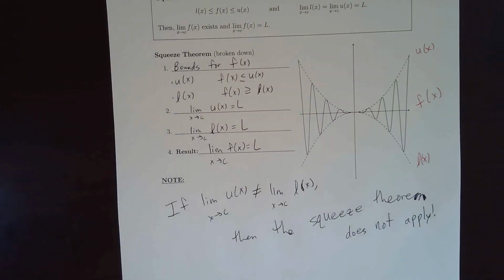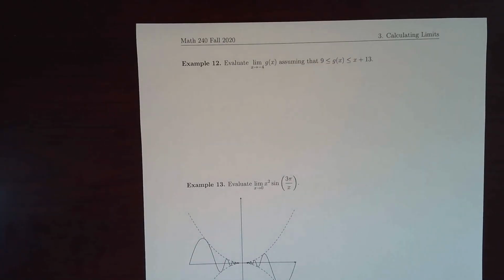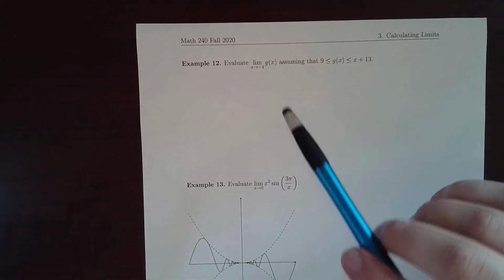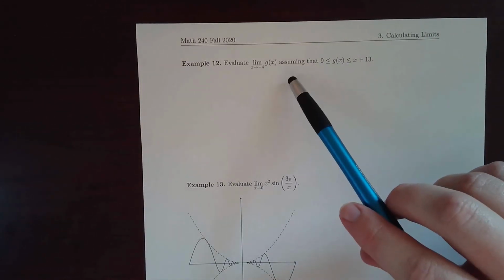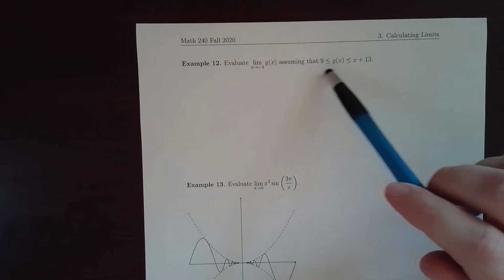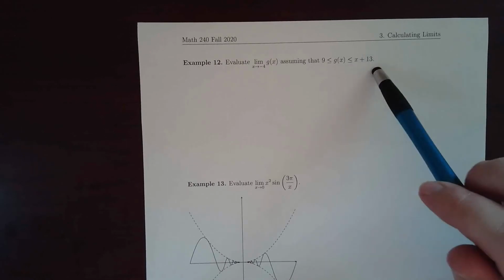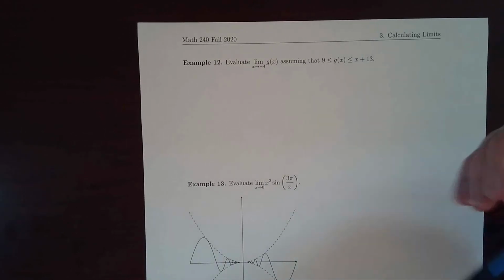So we've got two examples for trying to use the squeeze theorem. First, say that we're trying to evaluate the limit as x approaches -4 of some g of x, and we know that 9 is always less than or equal to g of x, and x plus 13 is always greater than or equal to g of x for where we're looking at.